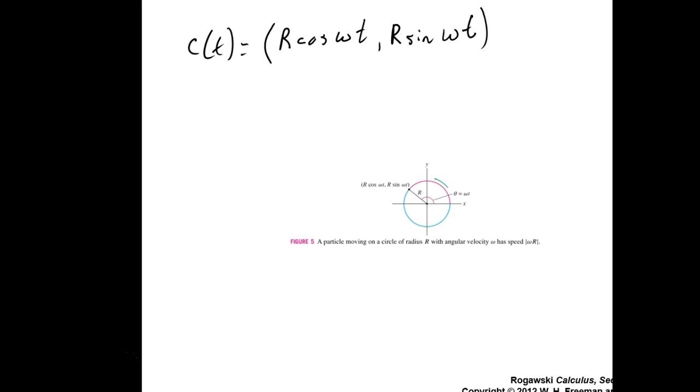So that's why that's your cosine of this omega t. That would be your x coordinate here, and your y coordinate would be the sine of that omega t. So these are coordinates for the point. The x coordinate is R cosine omega t, the y coordinate is R sine omega t.